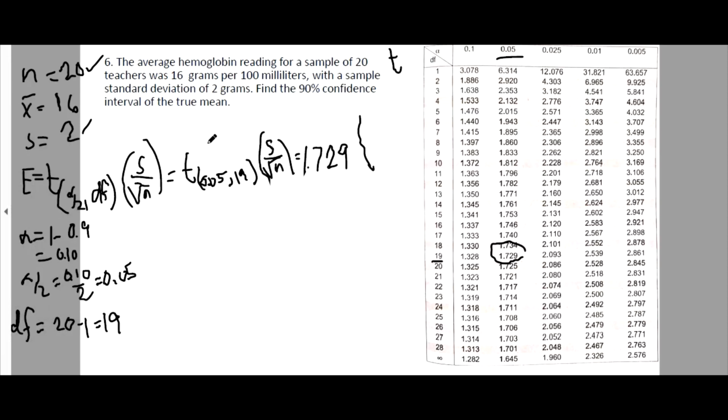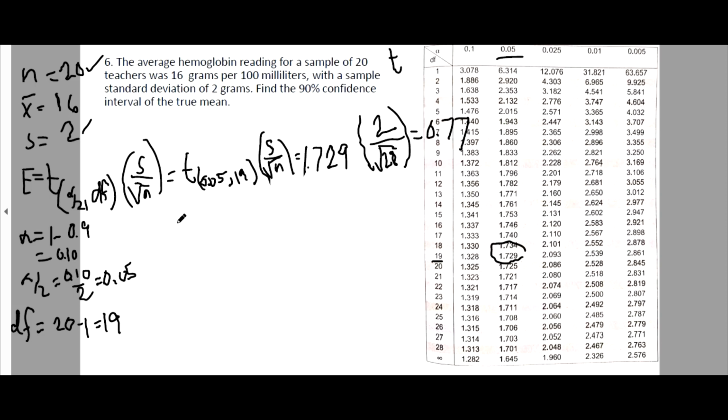Then multiply this by s, or standard deviation, which is 2, and our square root of n, or square root of 20. So what is this equal to? 1.729 times 2 divided by square root of 20. So the answer here is 0.77.